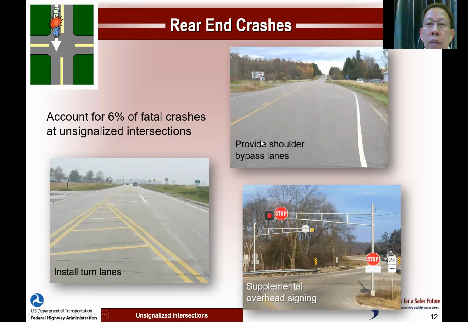If you cannot make a pocket like this, a through vehicle can bypass like this, and a left turn can be made over here. Supplemental oversigning: this is a crossroad, but there's no equipment to block. It's just an unsignalized crossroad, so they have to have a good warning.